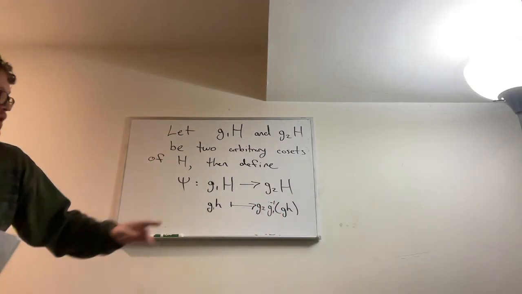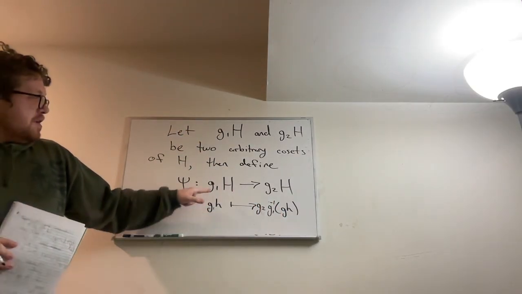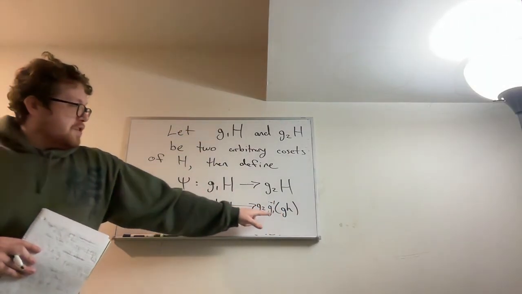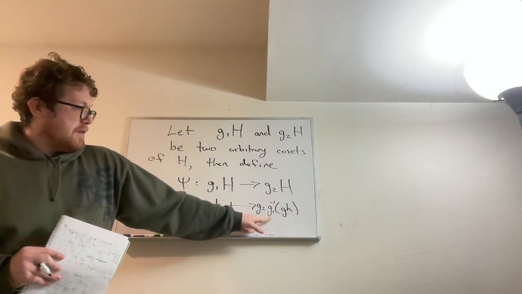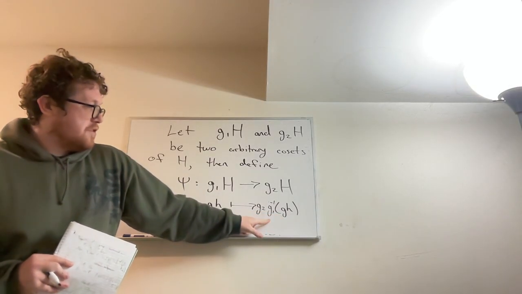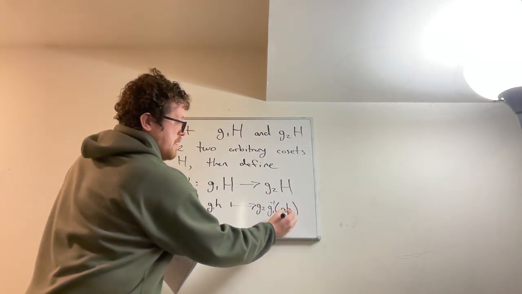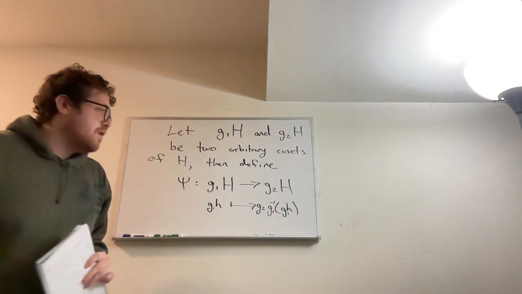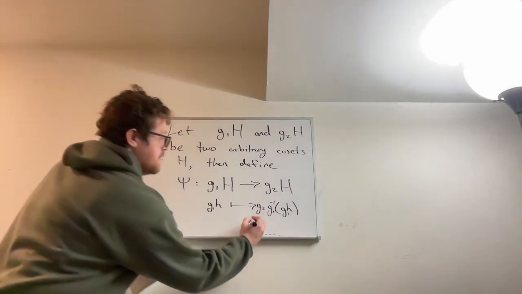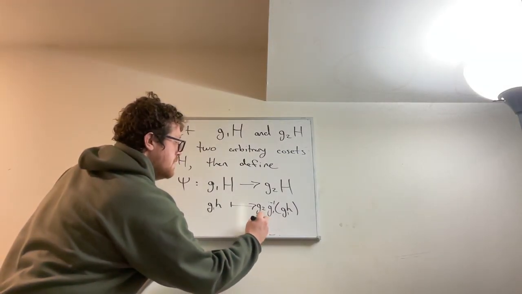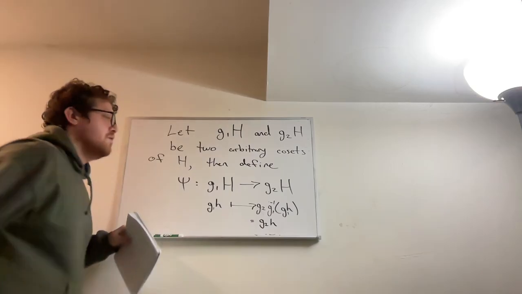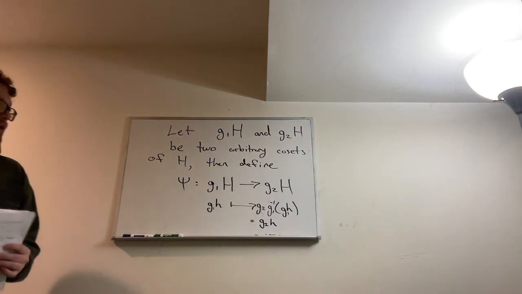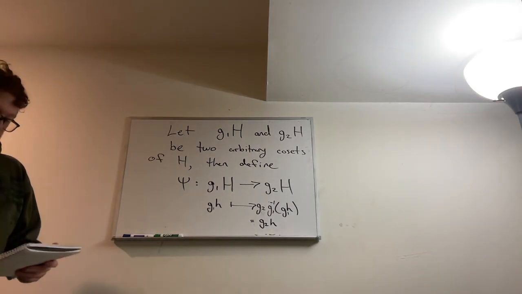Okay. So every element in this coset G1H gets sent to left multiplication by G2 G1 inverse on the left. That cancels this G1 here, and this is really just equivalent to sending it to G2 little h.